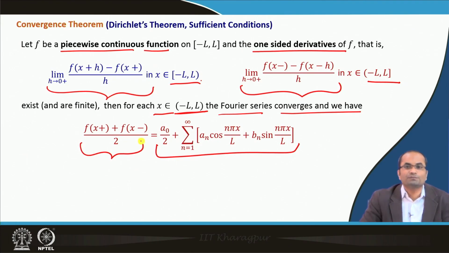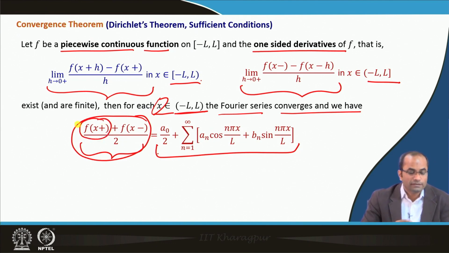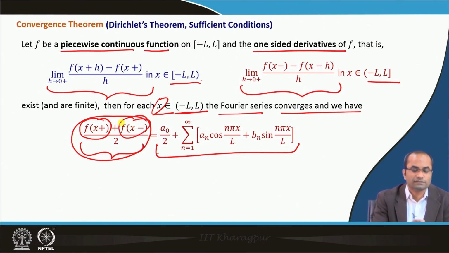The function was piecewise continuous, so it may not be continuous at a given point x in the interval, but we have this result that it will converge to this average value. f(x plus) is the right hand limit of f at x and this is the left hand limit of f, not the derivative, these are just the limiting values, divided by 2.